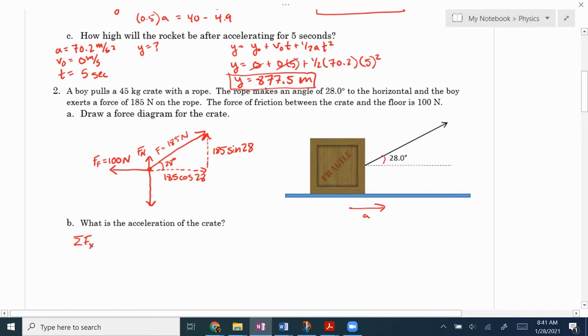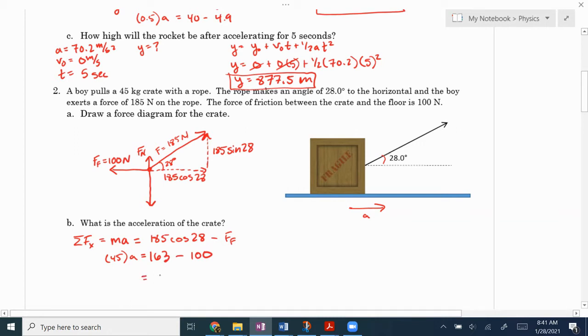So we need to sum our horizontal forces, our forces in the x direction, and set that equal to ma. We have the forces to the right minus the forces to the left, which would be the force of friction, 100. We know that it is a 45 kilogram object, and we're looking for the acceleration. 185 times the cosine of 28 degrees is 163, minus the 100.